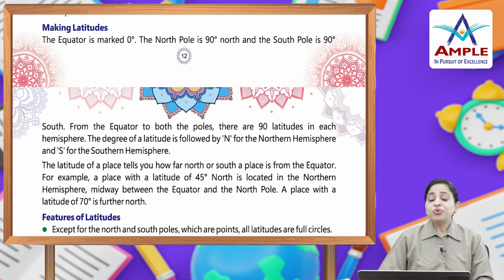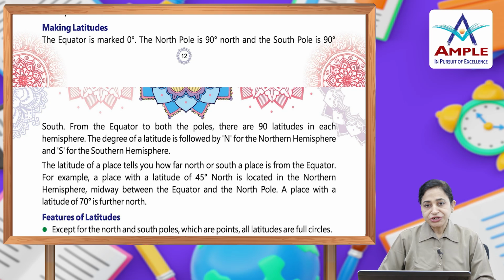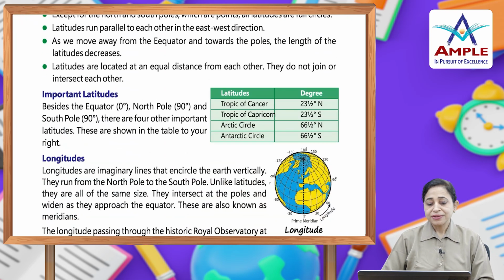Now, we are going to read about features of latitude. I hope you people are marking, underlining the important points, important lines with pencil. So, features of latitudes. Except for the north and south poles, which are points, all latitudes are full circles.